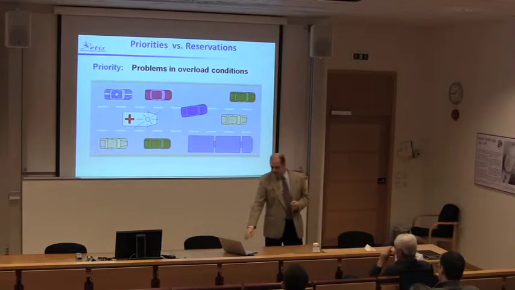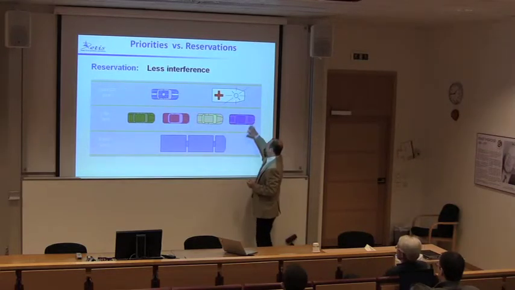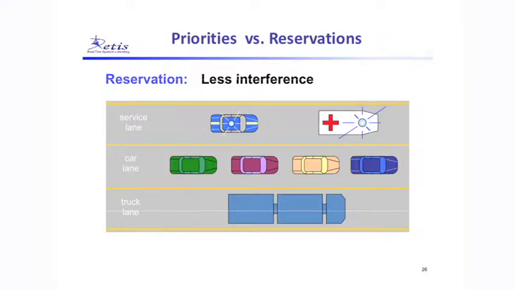So in the resource reservation approach, instead, we partition our resource into different fractions, and we allocate each type of task into its own resource. So in this case, of course, each activity has its dedicated fraction.